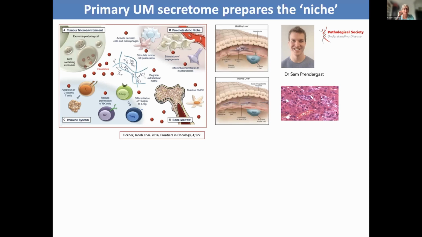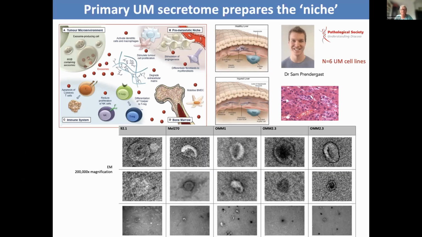And so we looked in detail, and we thought that exosomes may have a role in preparing the pre-metastatic niche within the liver, and maybe interacting with the hepatic stellate cells, or indeed with hepatocytes.